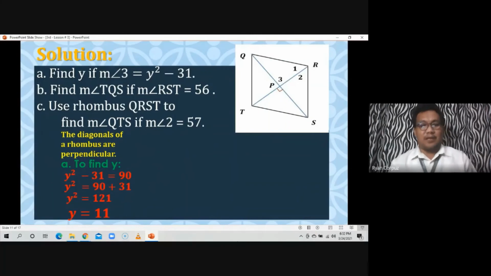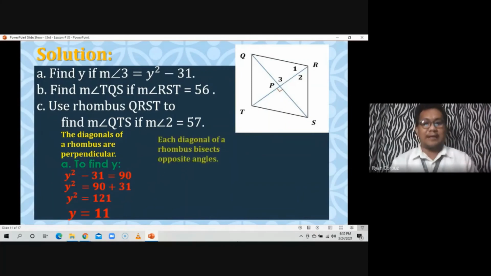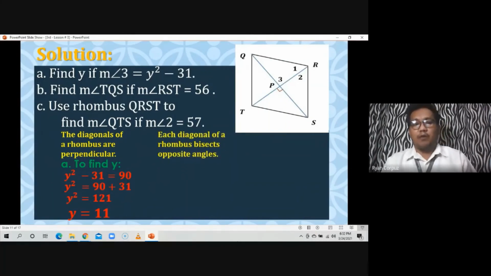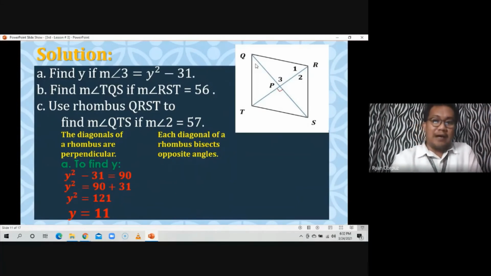Another property of a rhombus mentioned is that each diagonal of a rhombus bisects opposite angles. So this diagonal divides the angle into equal measures. Whatever the measure of this angle, half of that is the measure of the angle that we are looking for.